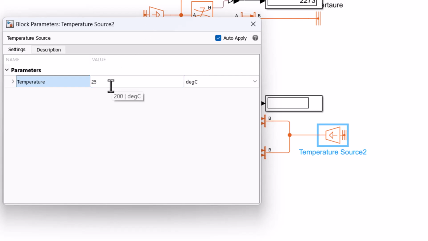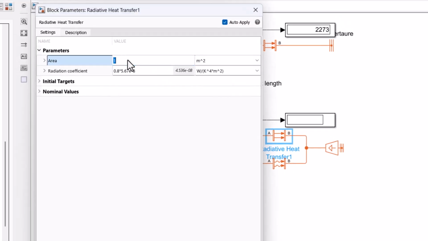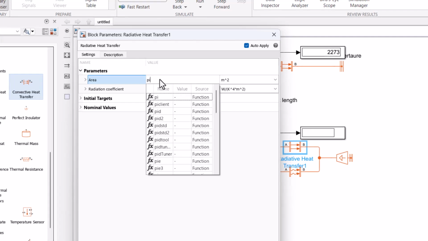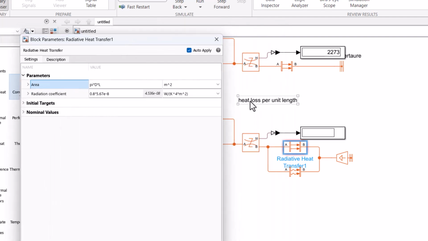The room temperature is 25 degrees Celsius. So the pipe is experiencing heat transfer between 200 degrees and 25 degrees. I have to set the area, and it is pi times d times L. So since it asks for heat loss per unit length, L is going to be equal to 1, and we have the pipe diameter. It was 70 millimeters. So 70 E negative 3. That is how you convert millimeters to meters.